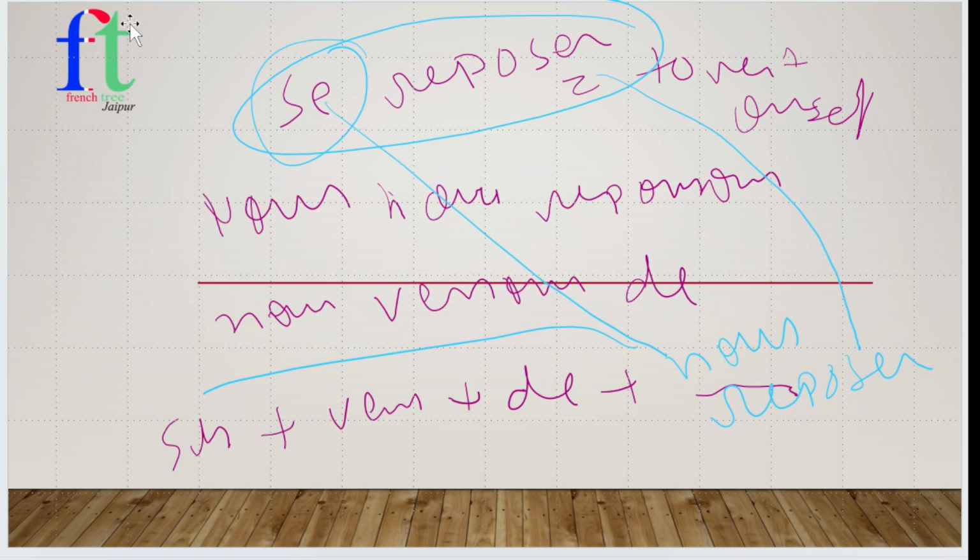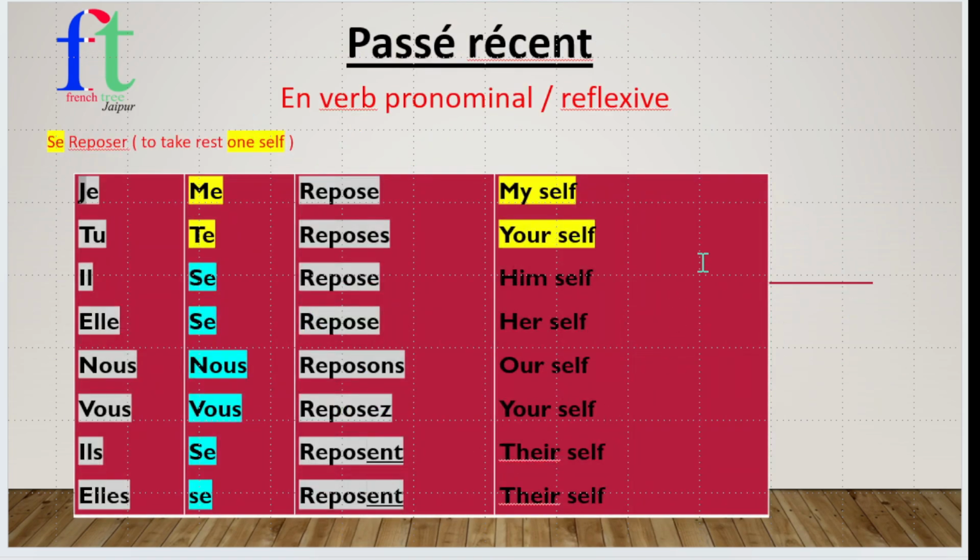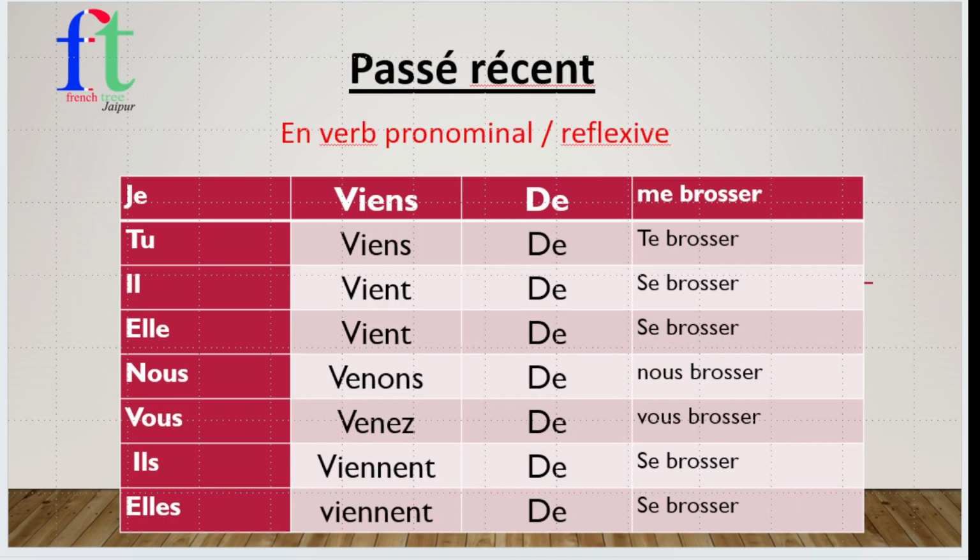So let's see the detail. For example, this is the present tense that we do: je me repose, tu te reposes, il se repose, nous nous reposons, vous vous reposez, ils se reposent, elle se repose. Right? But in passé récent, my formation is subject, then venir, then de, then the reflexive pronoun. So see, all the verbs are the same.